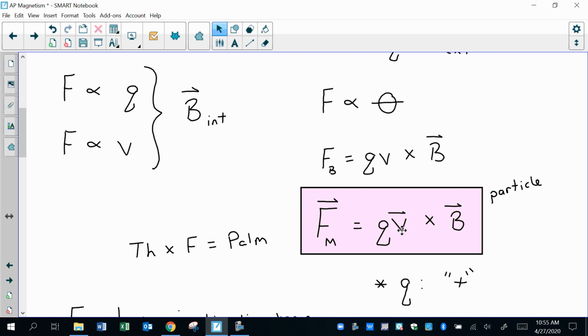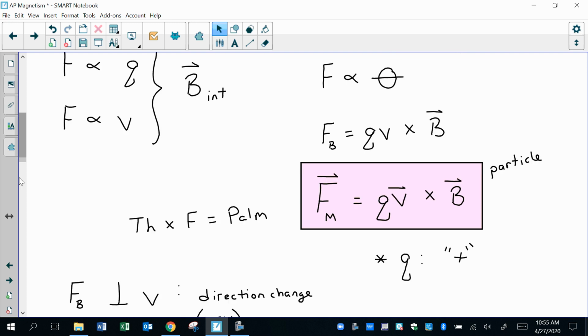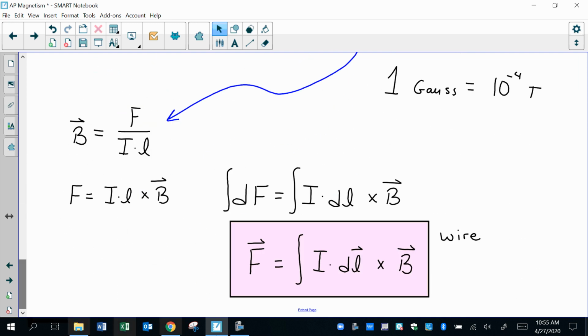If it changes direction, no big deal. It still has only one direction at that moment. Well, my current is a bunch of charges all moving along together. So I could have one part of my current going up, the other going right, because maybe it's bent into a coil. So it's technically an integration. We find the small amount of force felt by a small amount of wire, and then we add them all together. So those are our two equations.